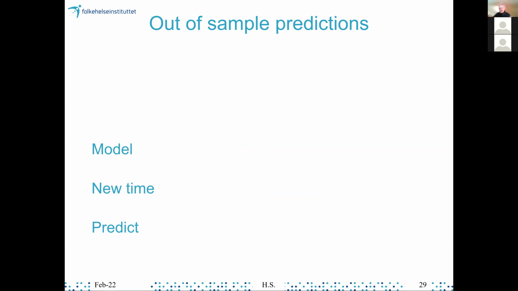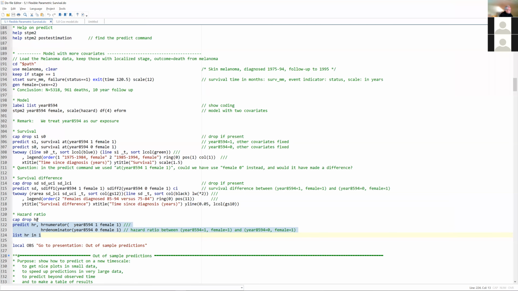You will normally put in lots of variables that you adjust for. And if you do, maybe that was the question, then you have to make a long list of variables over here and a long list of variables over here, or maybe over here in the numerator and denominator, specifying the values for all your variables.